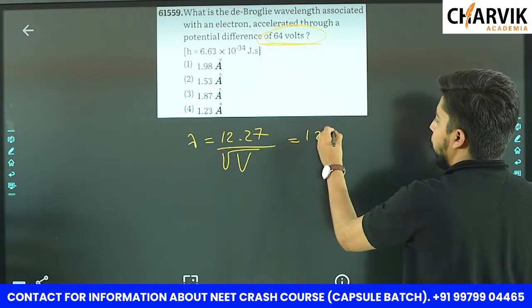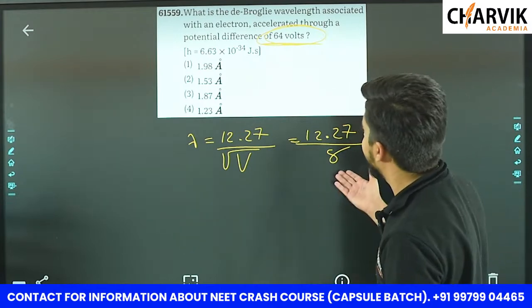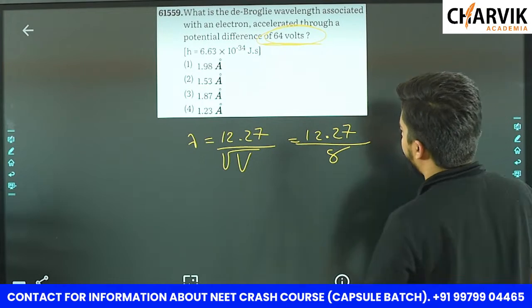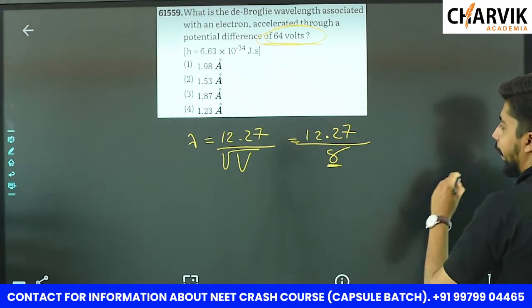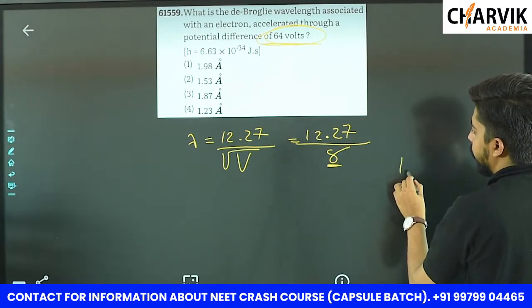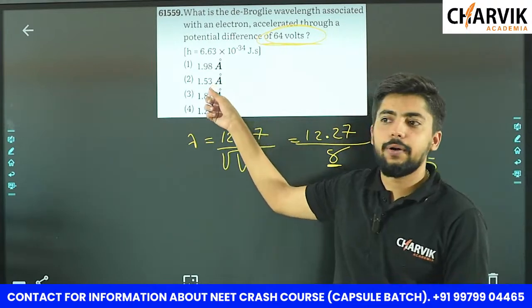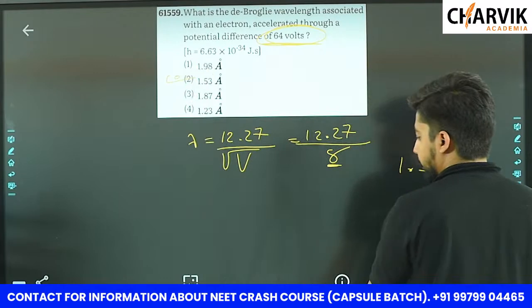So it becomes 12.27 divided by 8. As you can clearly see, the answer will be between 1 and 2, around 1.5. Yes, the second option is given, which is 1.5 angstrom, which becomes your correct answer.